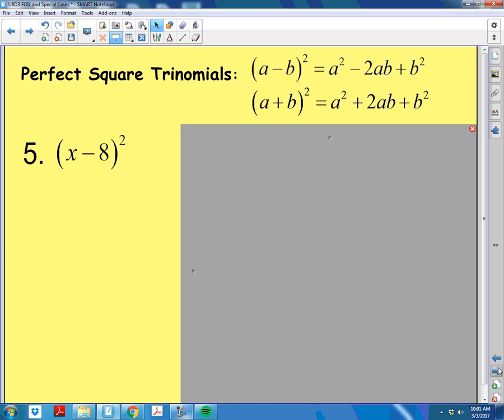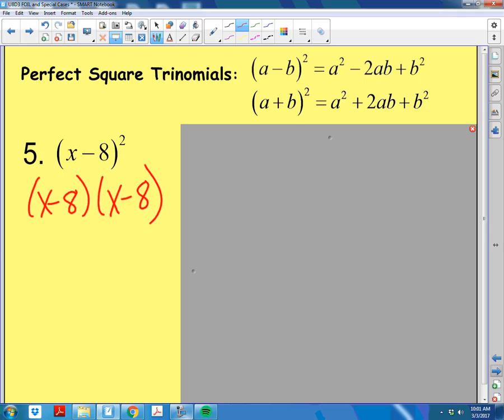Now, normally, if you're squaring something, what do you simply do? You multiply them what? By itself. Exactly right. So, this is simply x minus 8 times x minus 8. So, again, we FOIL it. First, x squared, outer, minus 8x, inner, minus 8x, last, plus 64.